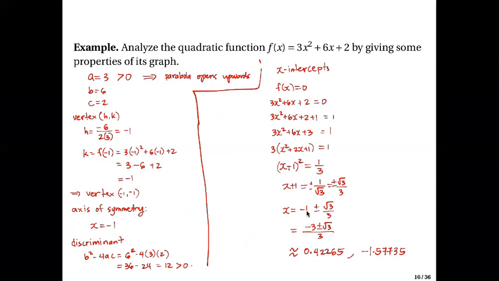Let me look at this again. So let's see. I now have square root of 3 divided by 3, and then you have that minus, and then minus 1. Yeah, this guy here is correct. And then the other guy, whoa, it's both correct.